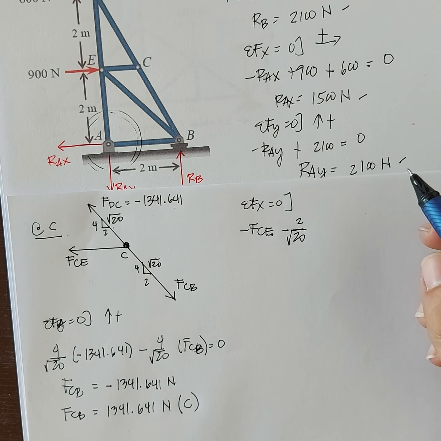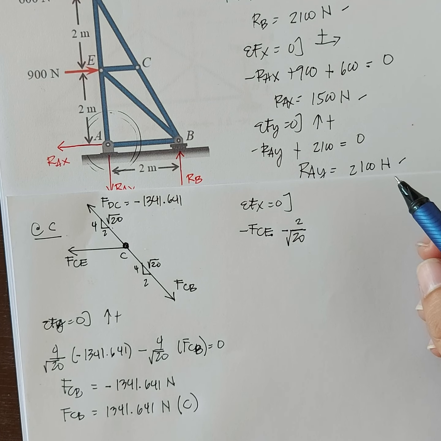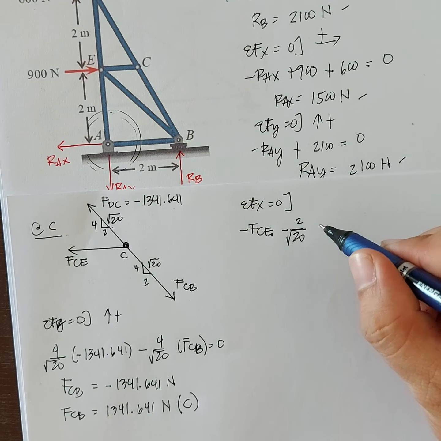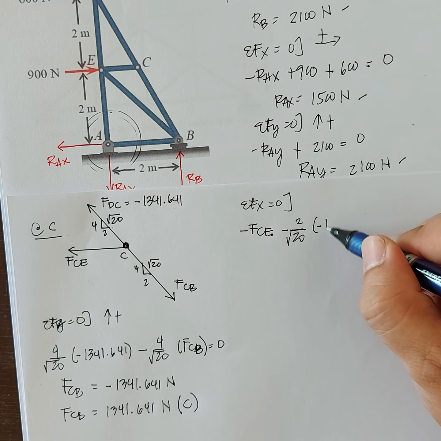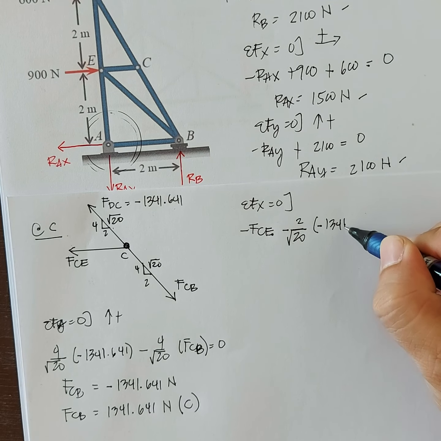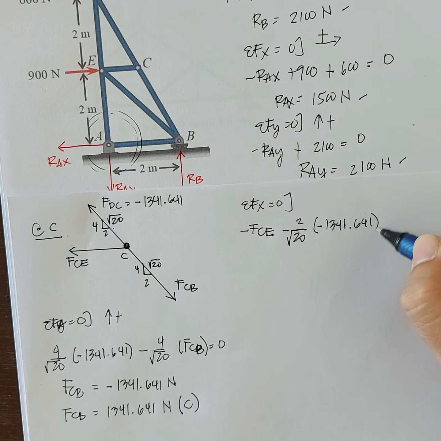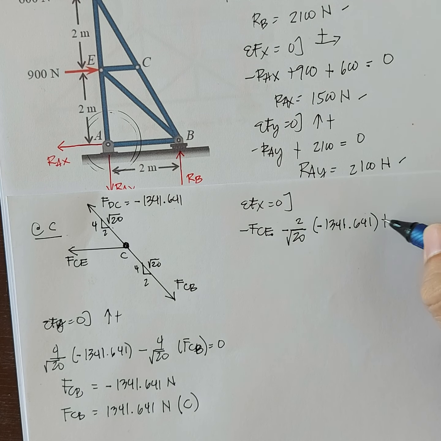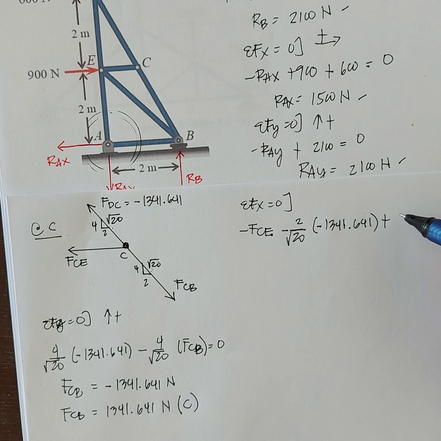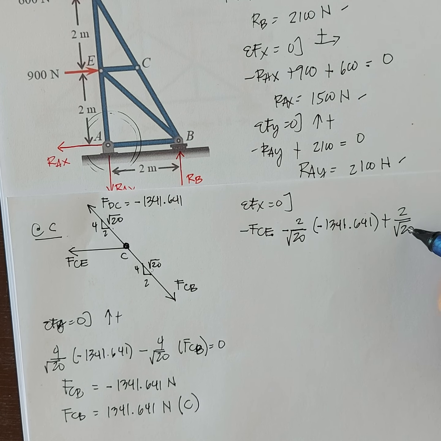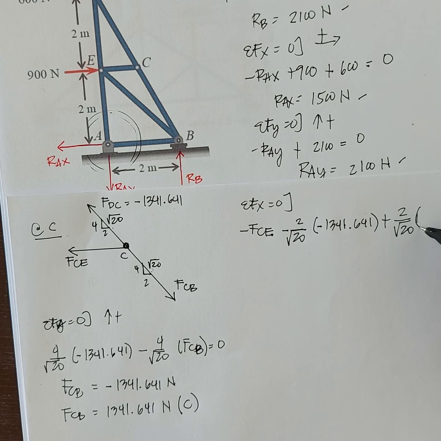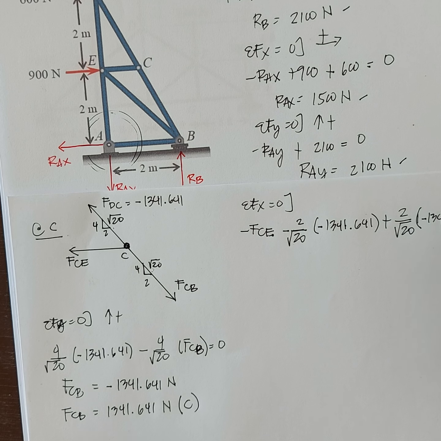Ayan. 2 over square root of 20 times negative 1341.641 plus horizontal component nito 2 over square root of 20 FCB, which is negative 1341.641.